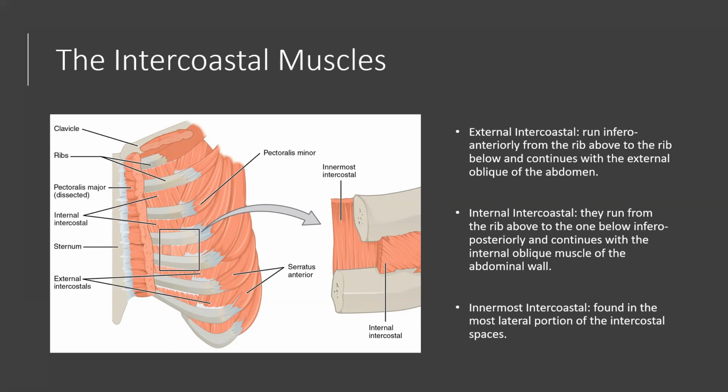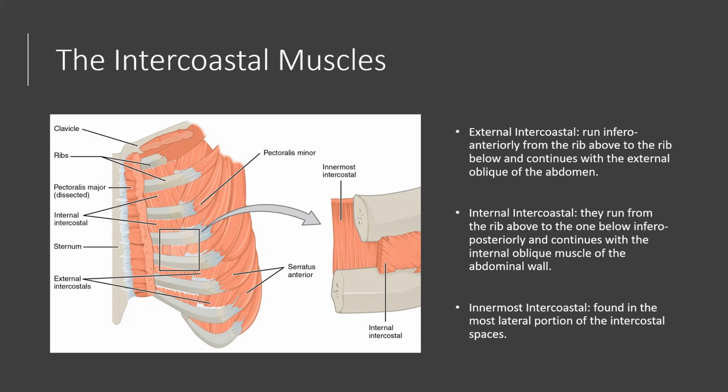So the internal intercostal muscles are accessory respiratory muscles. Together with the innermost intercostals, they enable forced expiration by depressing the ribs, thus shrinking the diameter of the thoracic cavity and pushing the air out of the lungs.